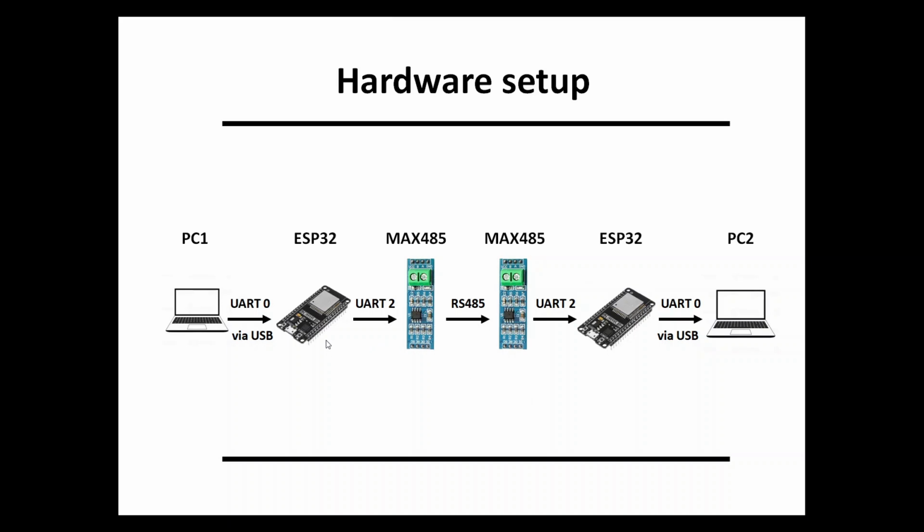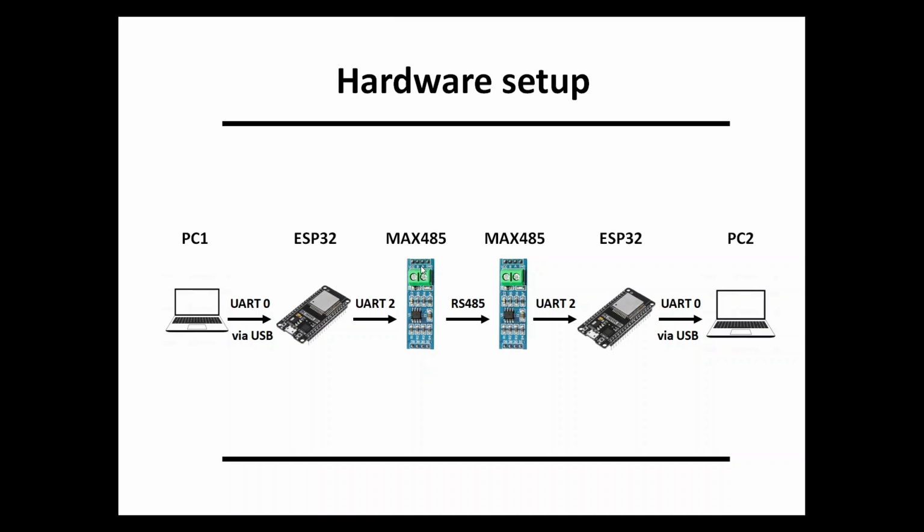So in order to send a message from this ESP to this ESP by RS485 serial communication, we are sending a UART message via UART port number 2, because UART port number 0 is taken by the USB of the computer to the MAX485 board.